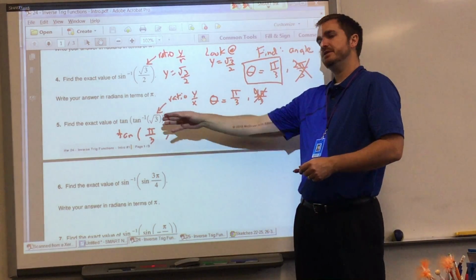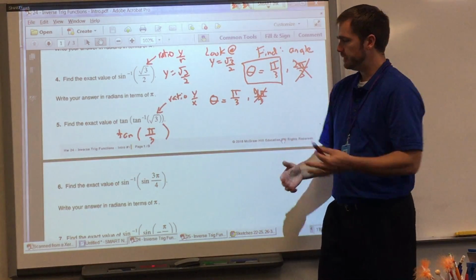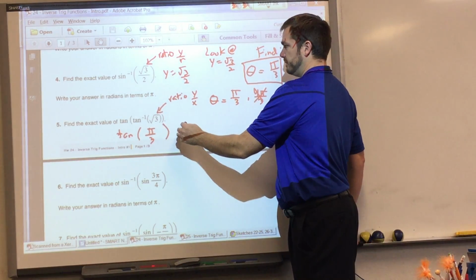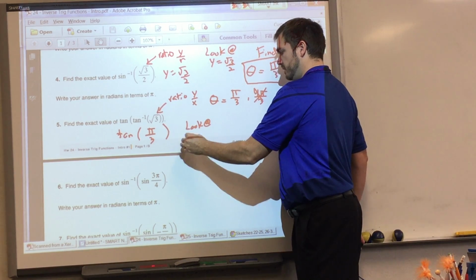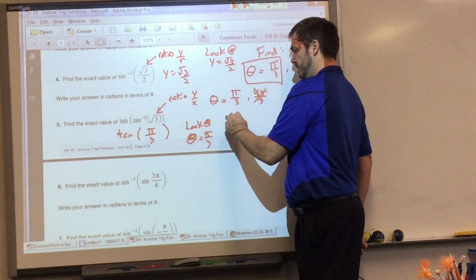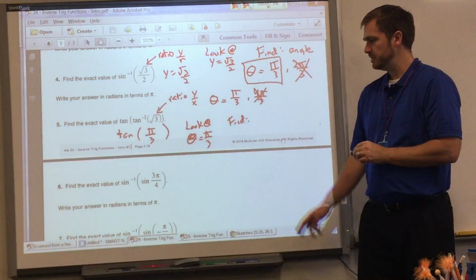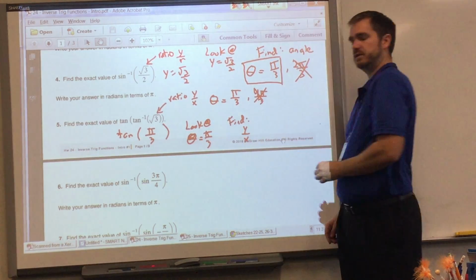Now, I want to take the tangent of pi over 3. Let me be clear about what this means. I want to look at theta equals pi over 3, and I want to find the ratio y over x.